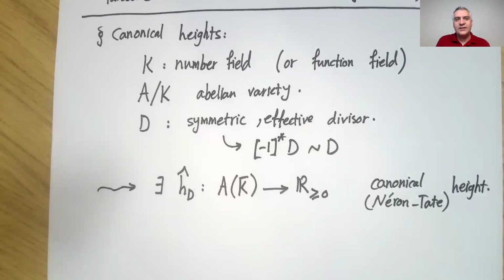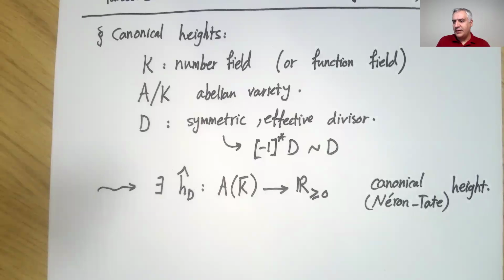Vojta's proof of Faltings' theorem used this function, and even the more recent improvements of Vojta's proof, which give uniform bounds on the number of rational points on curves of genus at least 2, still deal with this canonical height function.